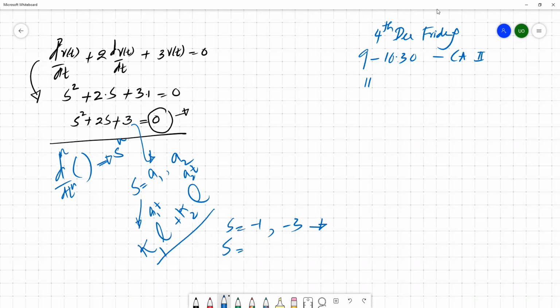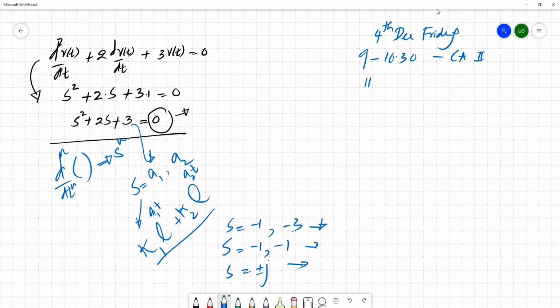If you have equal real roots like -1, -1, then you can simplify this format to a further level. If you have complex roots, then you will end up with a different solution.